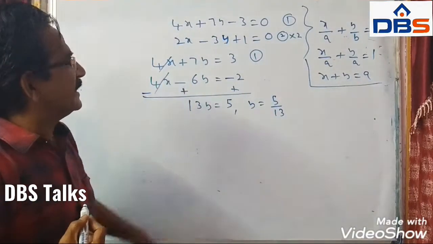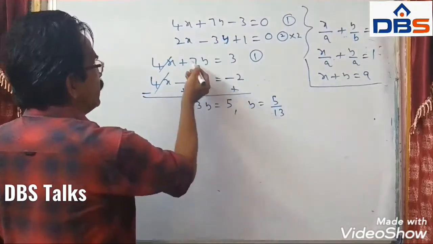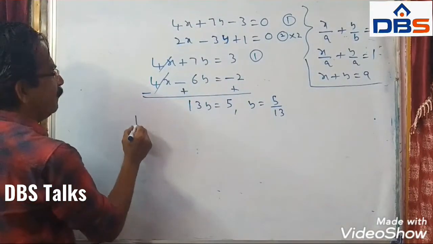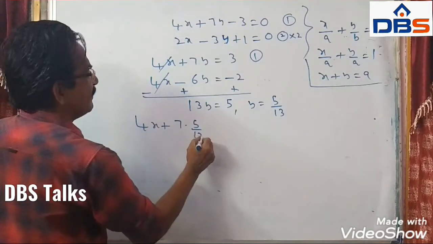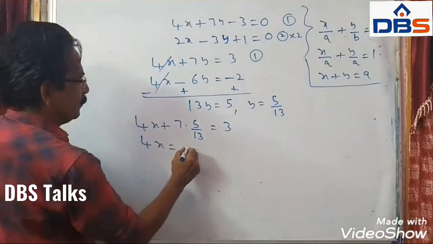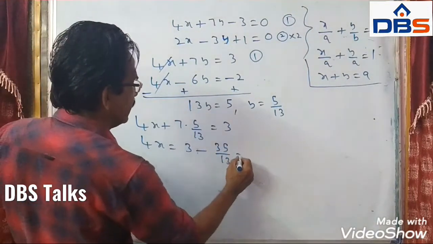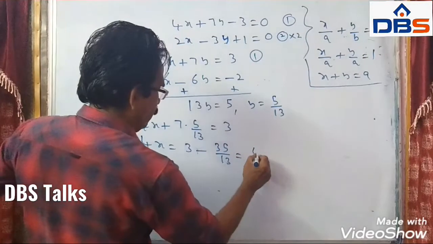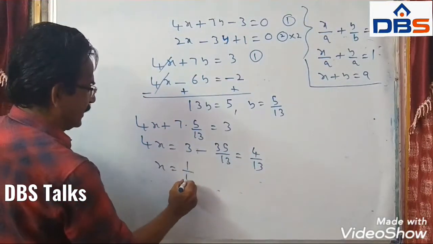And the second thing, by substituting the y value in any one of the equations, 4x plus 7y is equal to 3. 4x is equal to 3 minus 35 by 13. 13 3's 39. 39 minus 35, 4 by 13. 4x is equal to 4 by 13, x is equal to 1 by 13.